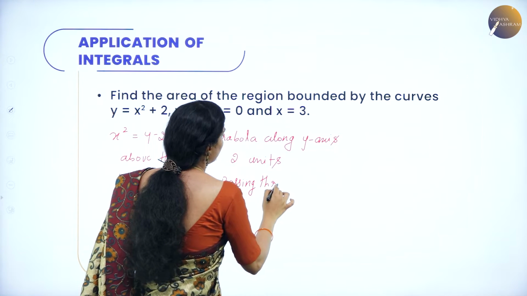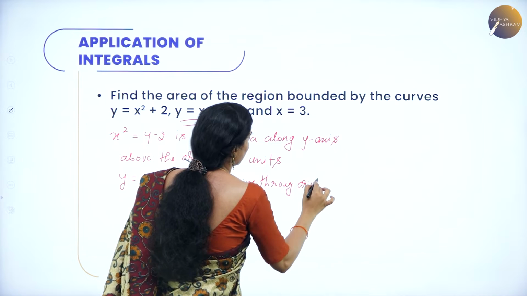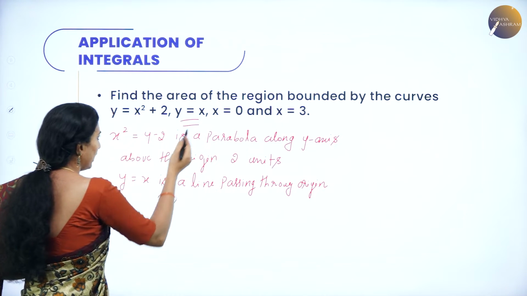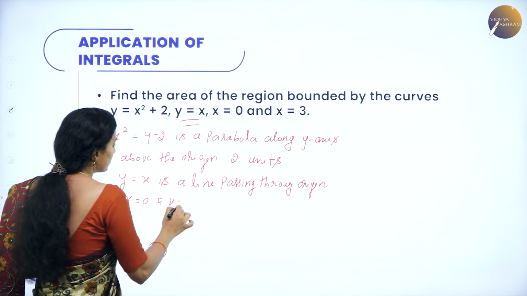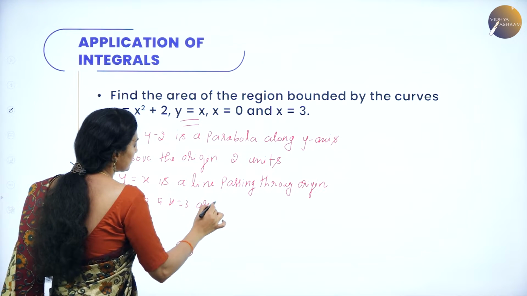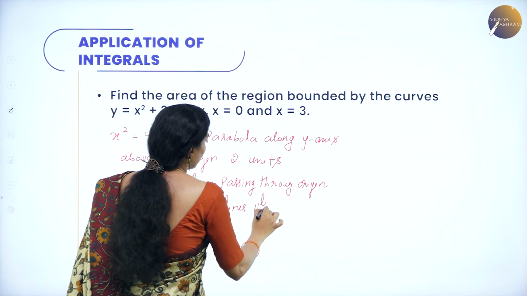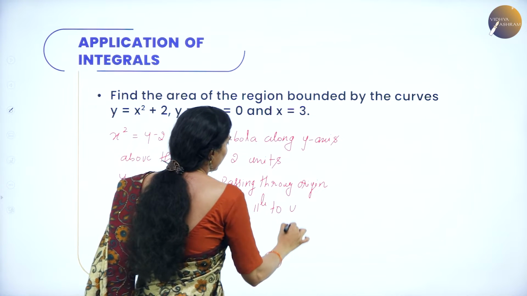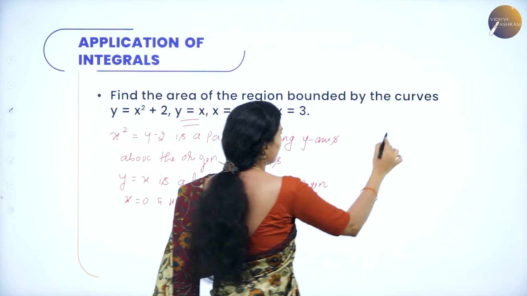Next, x is equal to 0 and x is equal to 3 are lines parallel to the y-axis. Okay, so let us draw the diagram.